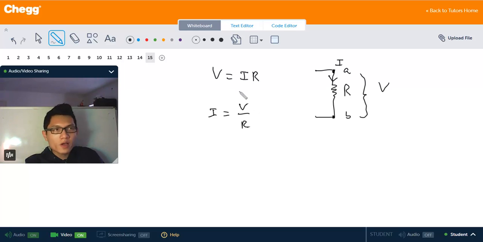So the voltage has many applications. It can be used to calculate the quantities in Ohm's law. It can also be used to express the conservation of energy around a circuit in Kirchhoff's voltage law.